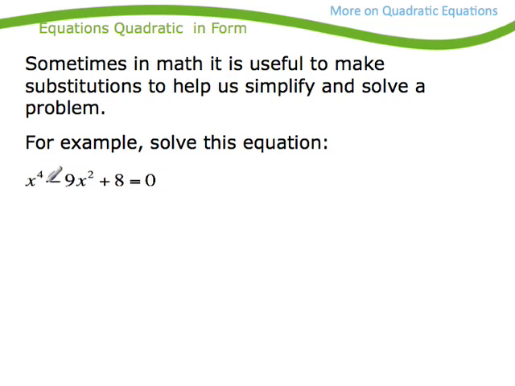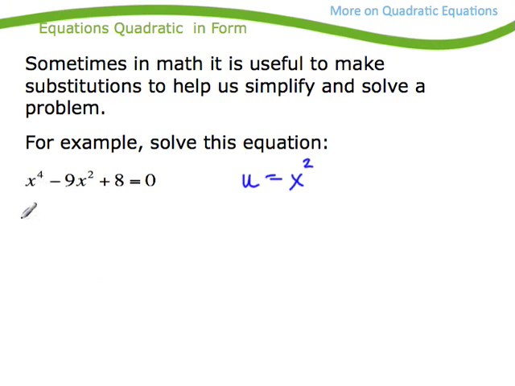So one strategy, and I've used this before in another session in the class, is if I don't like dealing with the 4, although I can see that it's sort of a quadratic, I can do something like this, where u is equal to x squared. So every time I see an x squared, I can replace it with a u.